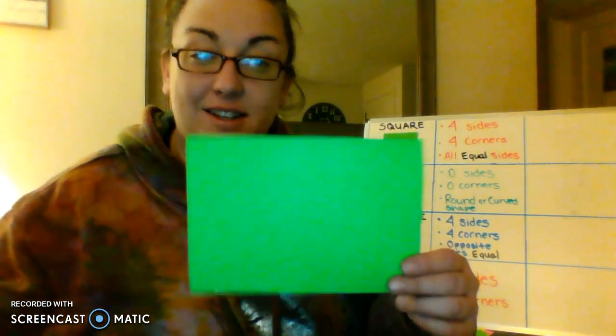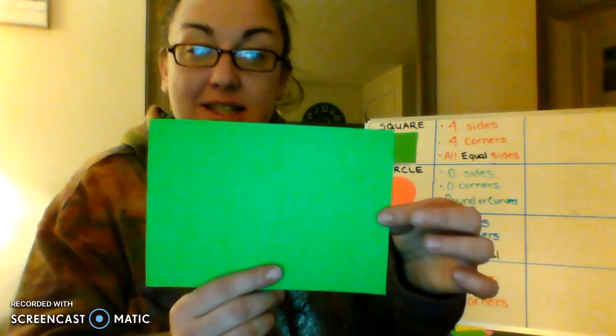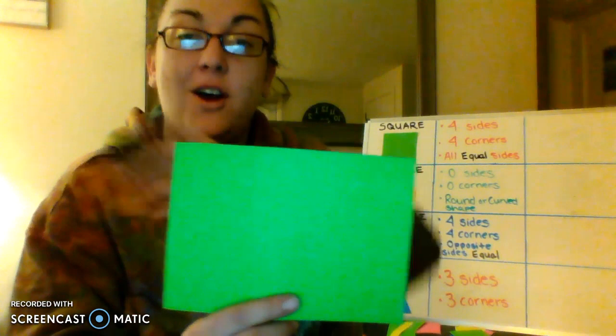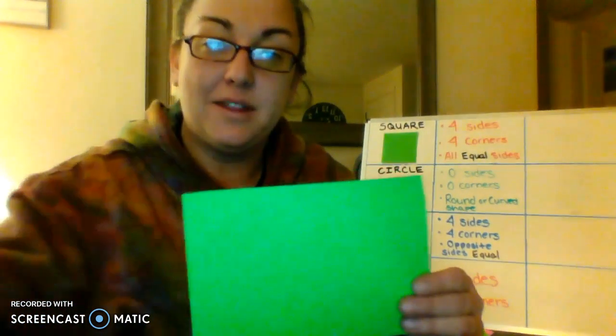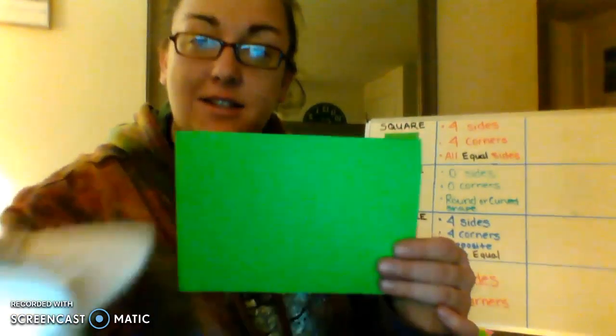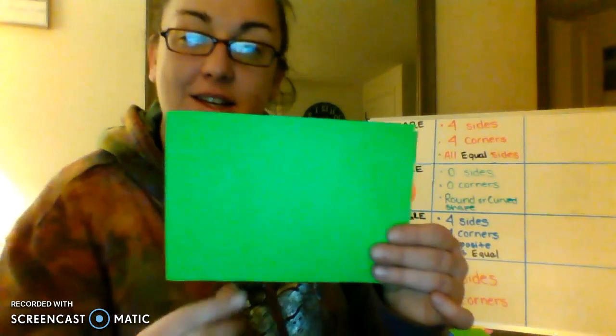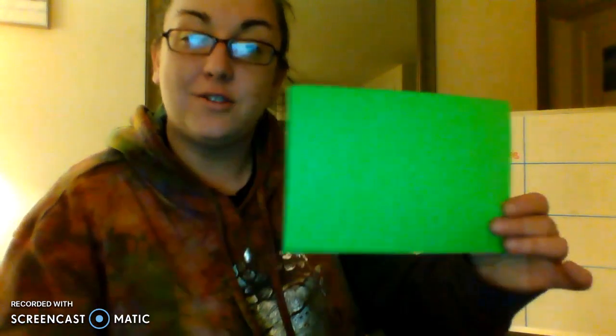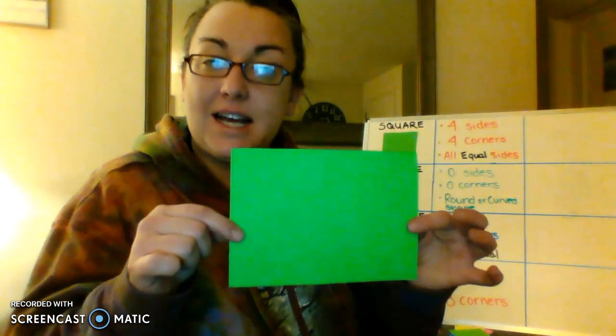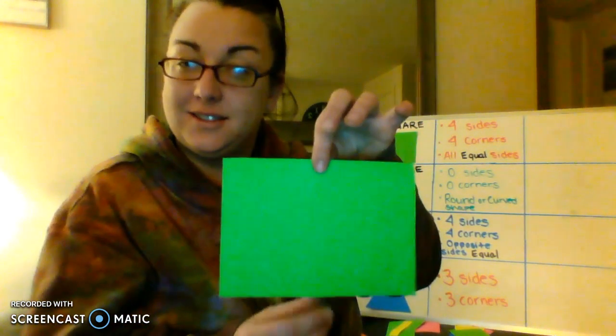What we can tell is that opposite sides on a rectangle are the same length. The top and the bottom, the longer sides, are the same length, and the shorter sides are the same length. So rectangles have 4 sides, 4 corners, and opposite sides that are the same length. Not all the sides are equal.